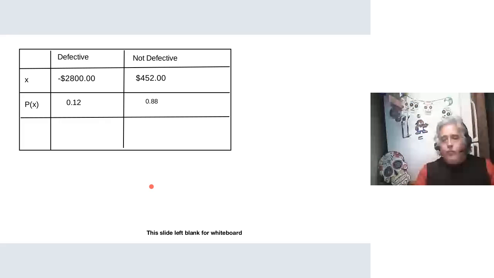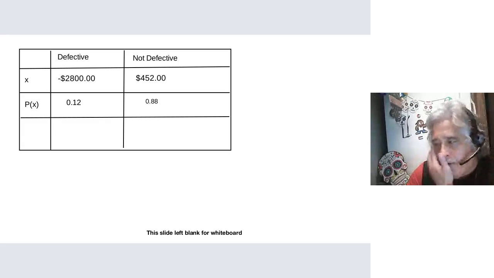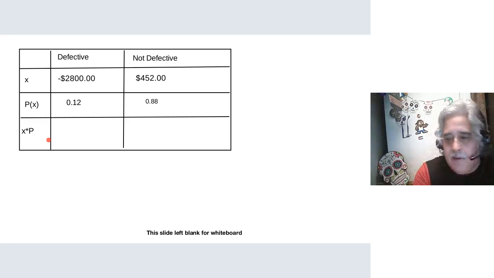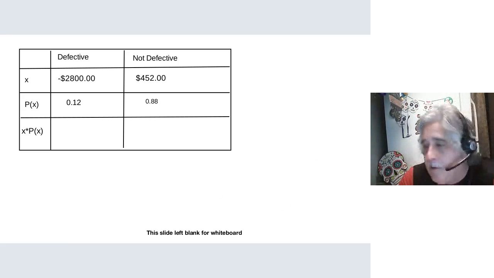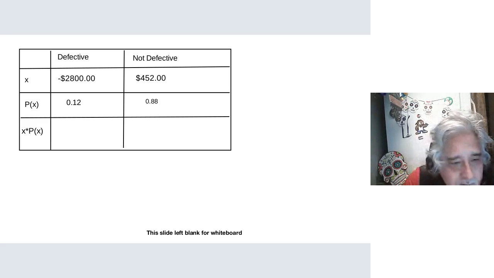All right, so now the next one here is going to be what's called X times P of X. All right, so I'm just going to multiply each one of those. It'll help me make sure I get it right because these night classes, I end up going to sleep early.